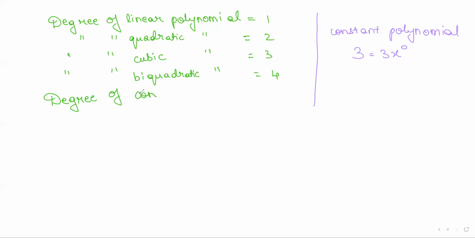Degree of constant polynomial, CONST dot being the short form for constant, is 0. Instead of 3, if you write digit 0, this can also be called a polynomial because it can be represented as 0 into x to the power 0. Obviously, since it's a constant polynomial, the degree of this constant polynomial will be digit number 0. This is also called the zero polynomial.